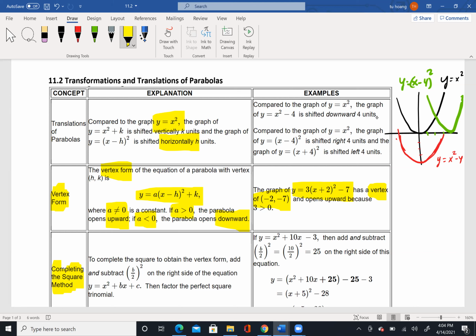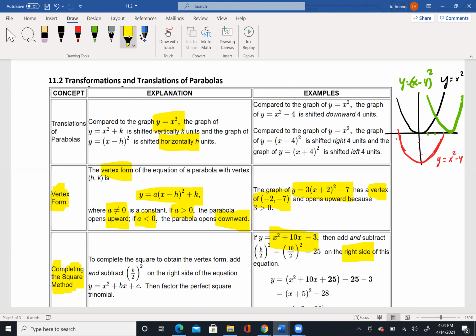Then factor the perfect square trinomial. So for example, in here I have y equals x squared plus 10x minus 3. We're going to add and subtract b over 2 squared, which is 10 over 2 squared, equal to 25, on the right side of the equation.